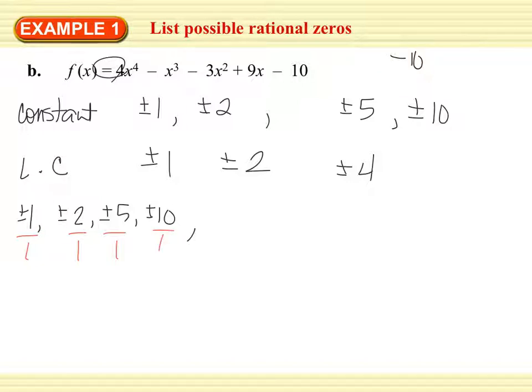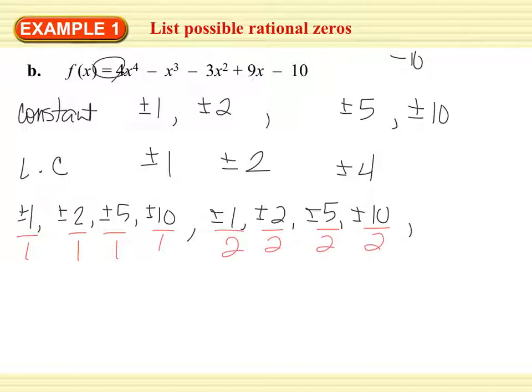And then I'm going to list the next. This is the constant. I'm going to put that over 2. Yes, we're duplicating these a little bit, but we will simplify later. And then we're going to do it again.